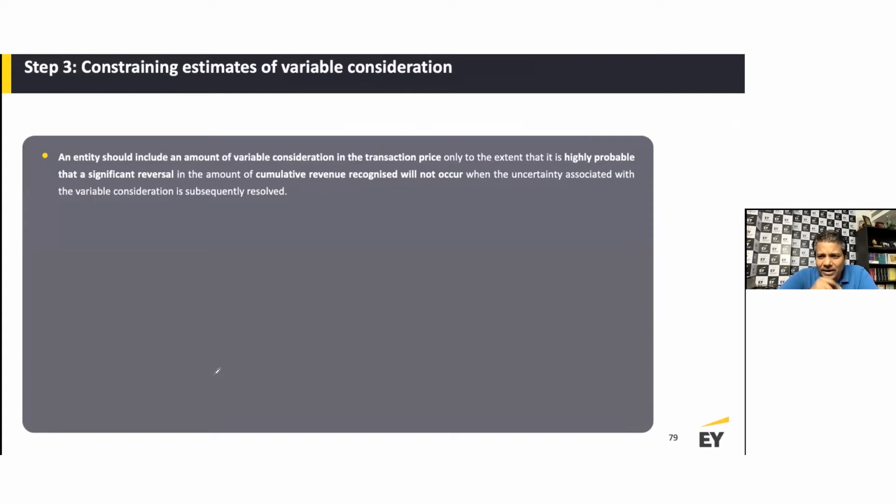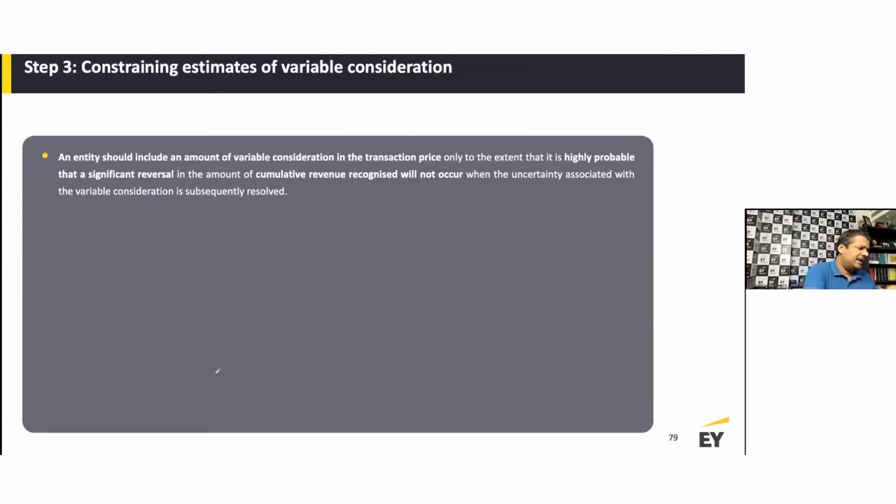So that's the variable consideration, right? In the transaction price, only to the extent that it is highly probable that a significant reversal in the amount of cumulative revenue recognized will not occur when the uncertainty associated with the variable consideration is subsequently resolved.